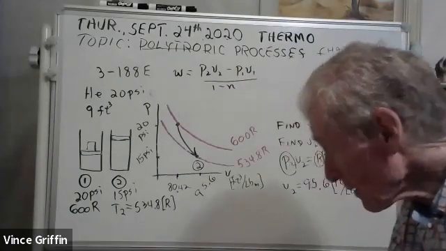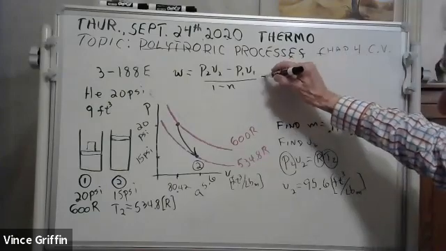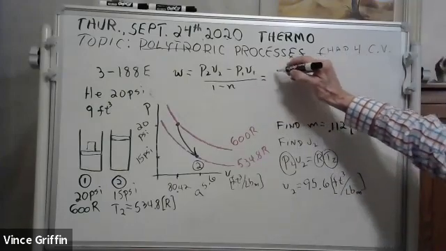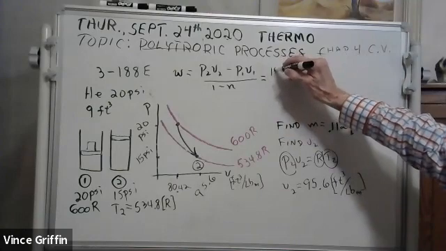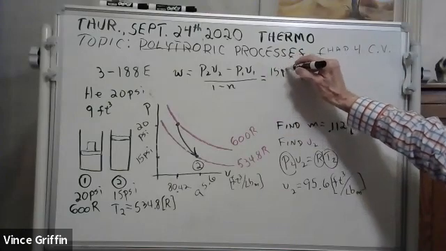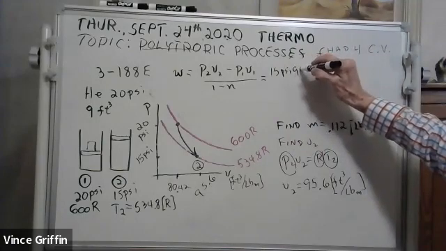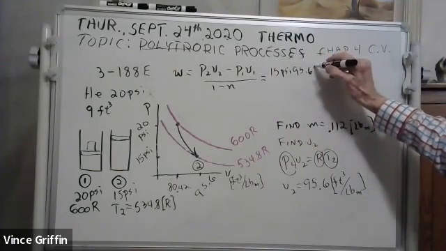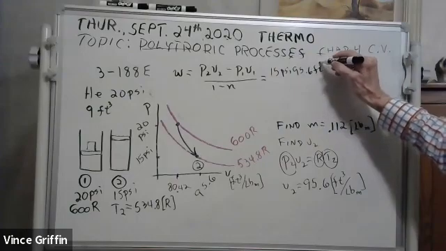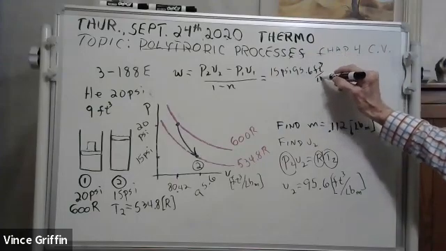Well, let's do it. What's P2? That's 15 PSI. V2 is 95.6. I think V2 is wrong.